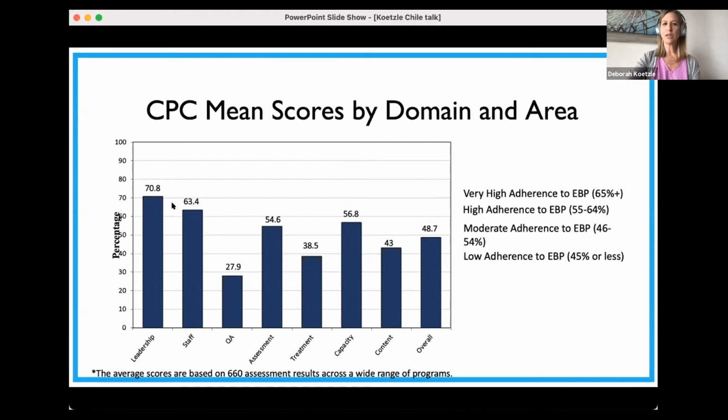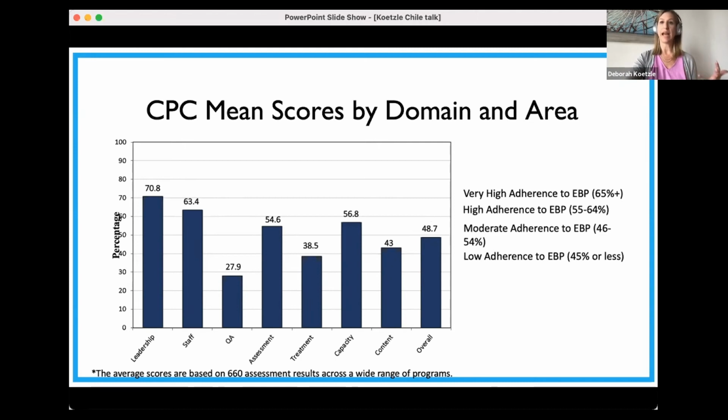They tend to do pretty well in terms of leadership and staff. Doing okay on assessment. I think assessment practices have really improved in the last 20 years in the US and Canada at least. Not doing so well in terms of quality assurance and treatment activities. In the US, many of our correctional programs historically have failed to monitor themselves.